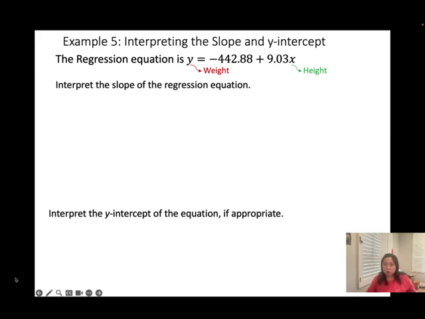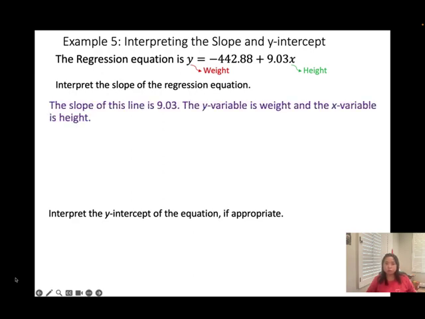First, the slope is equal to 9.03. And we want to specify what the y variable represents and what the x variable represents. So the slope of the line is 9.03, the y variable is the weight, and the x variable is the height.